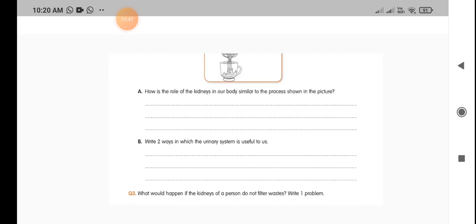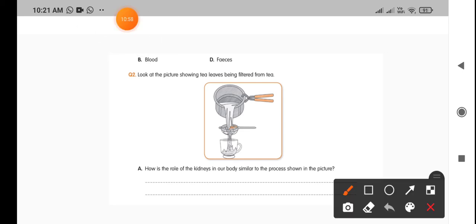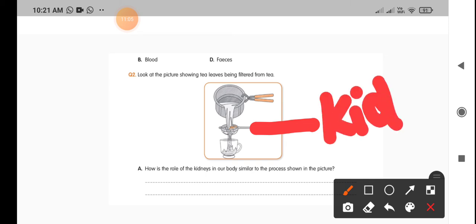So the first question is, how is the role of the kidneys in our body similar to the process shown in the picture? So here in this picture, the funnel is taking the role of kidneys. How this funnel is removing the waste materials, same way your kidneys are removing the waste materials.